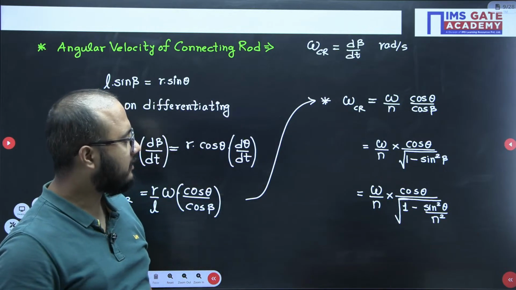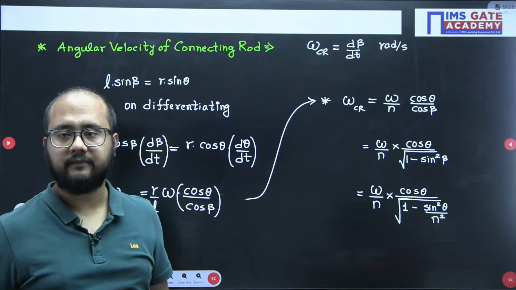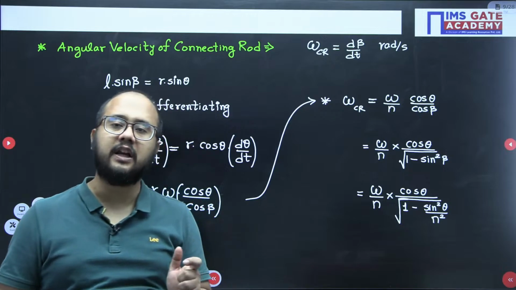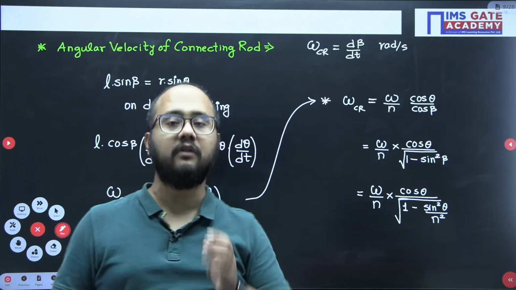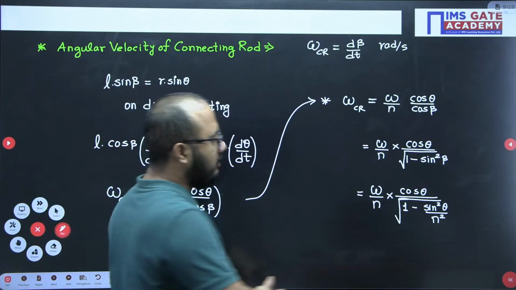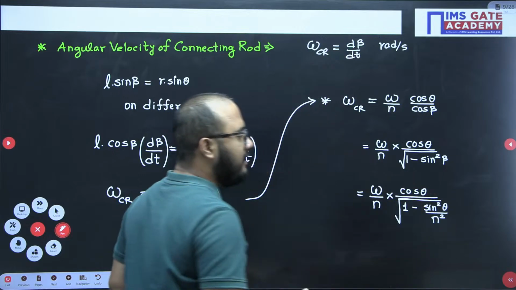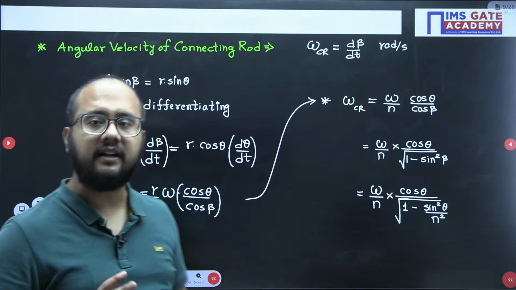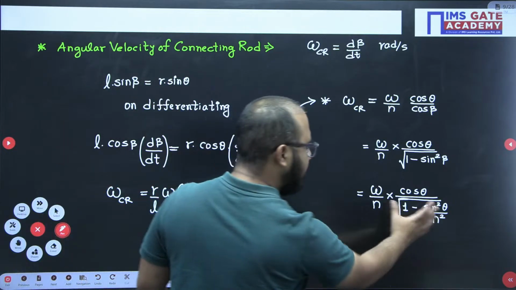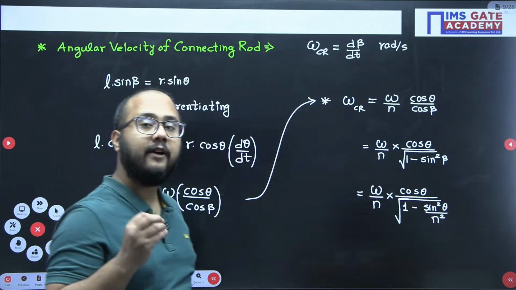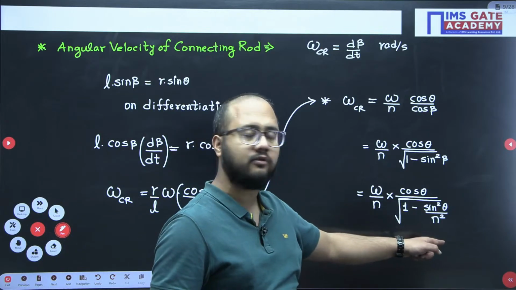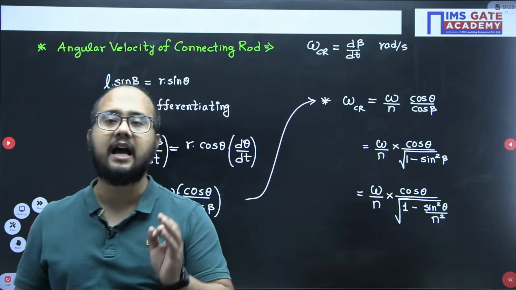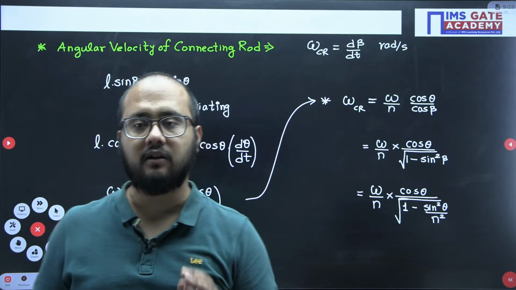This is the relation we are having. Fine. Now again, as n square value will be large, sin square theta value will be less. So we can basically ignore this sin square theta divided by n square. See, this is the exact formula. But if I am neglecting this sin square theta by n square, I can write omega into cos theta divided by n as the angular velocity of the connecting rod.